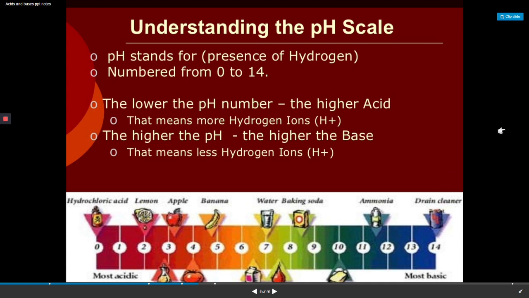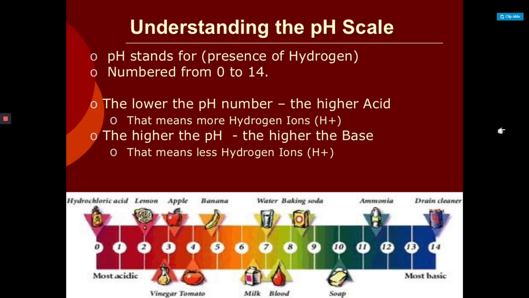So from 1 to 6, if a compound has a pH of 1 to 6, it is an acid. And if a compound has a pH of 8 to 14, it is a base.